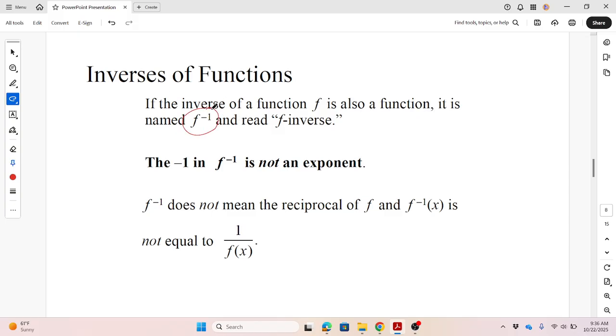This is the notation f, and this notation is called f inverse. Here you have to keep in mind this sign -1 is not actually exponent. This is not equal to 1 over f of x. That is completely different. This is just only for the notation purpose. Whenever you see this, just read this as f inverse.